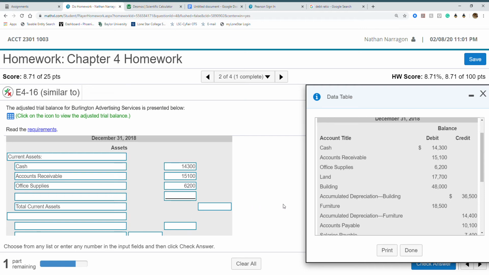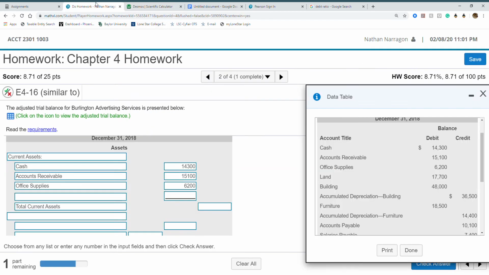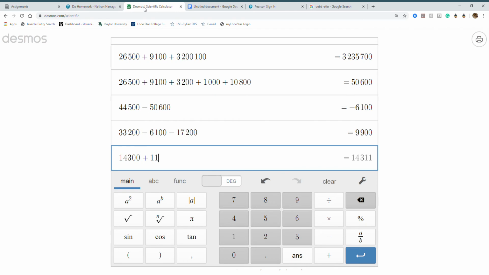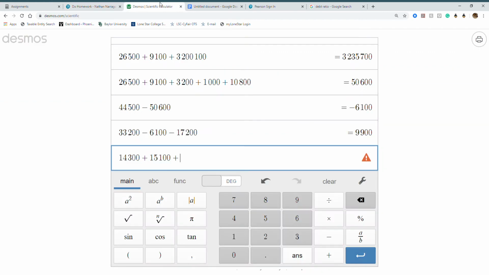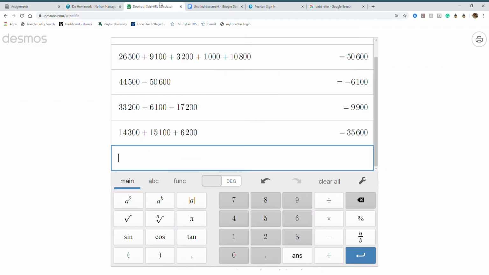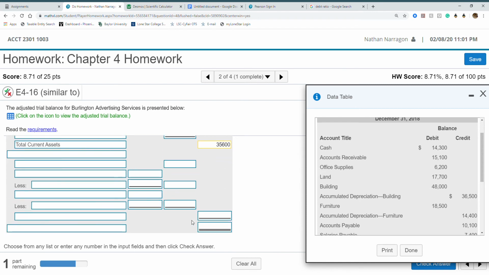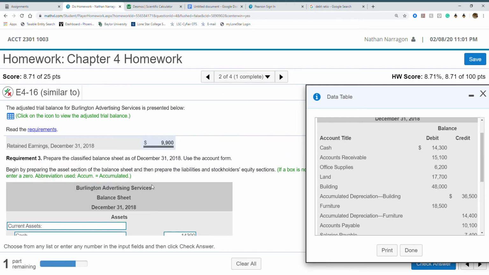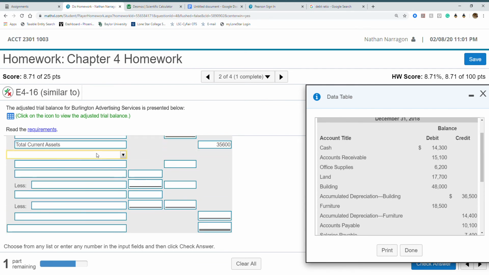So again, we got to add those together. 14,300, 15,100 plus 6,200 equal 35,600. Okay, not bad. Okay, so far they're only having us do the asset side.